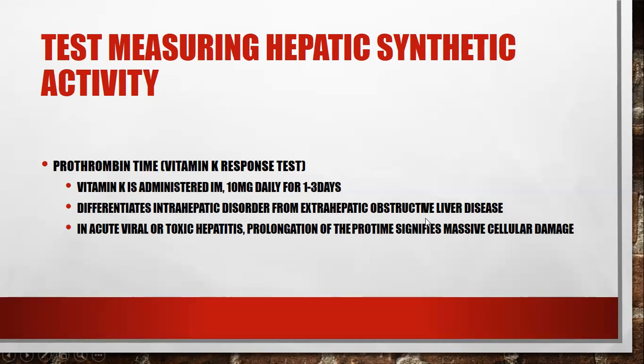Since there is no innate defect or injury in your hepatocytes, it is now capable of producing these coagulation factors. That's why there is normal prothrombin time in extrahepatic obstructive liver disease.